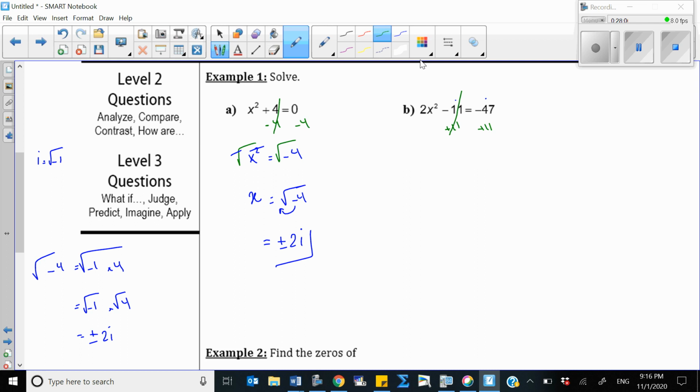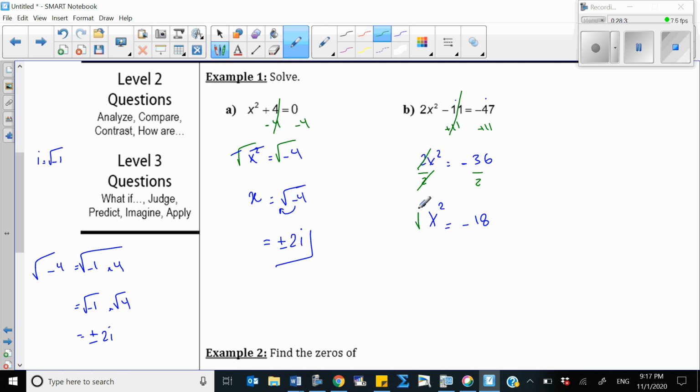So add 11, and here I'm going to have 2x squared equal to negative 36. Then divide both sides by 2. These two will cancel, and x squared is equal to negative 18.